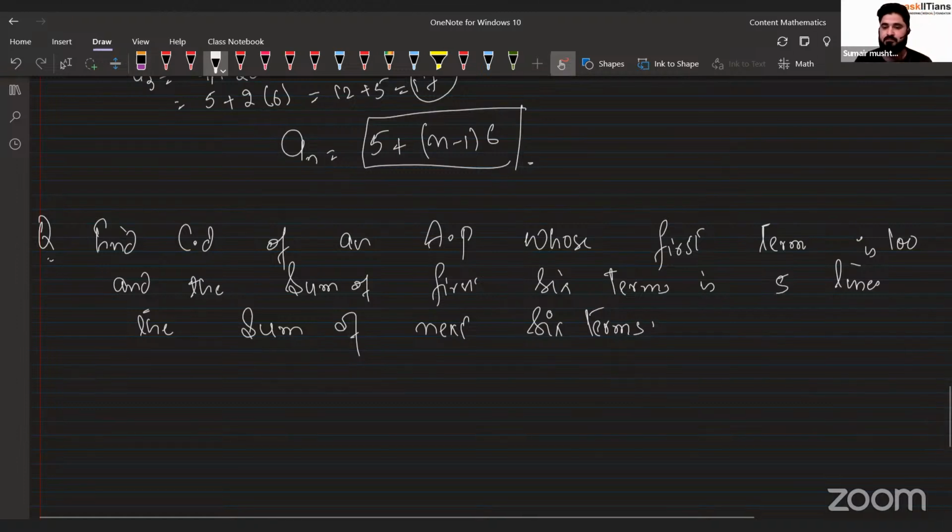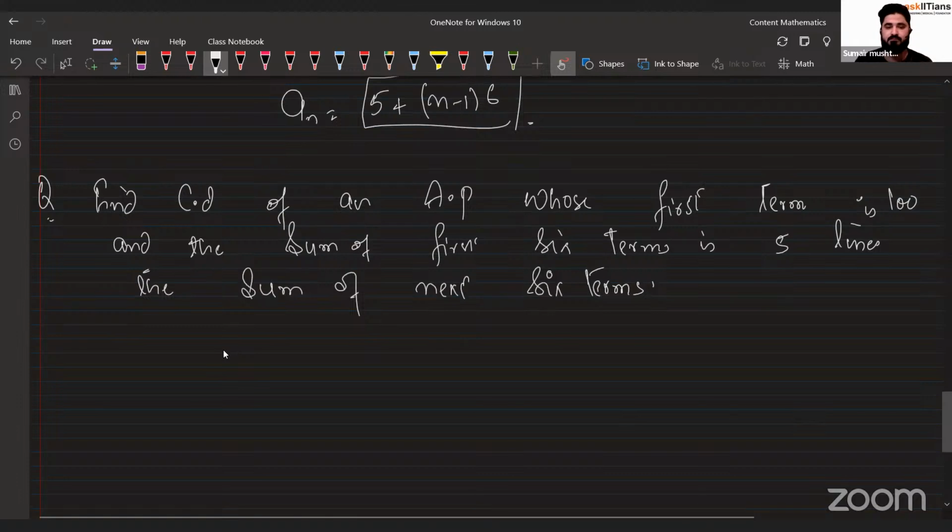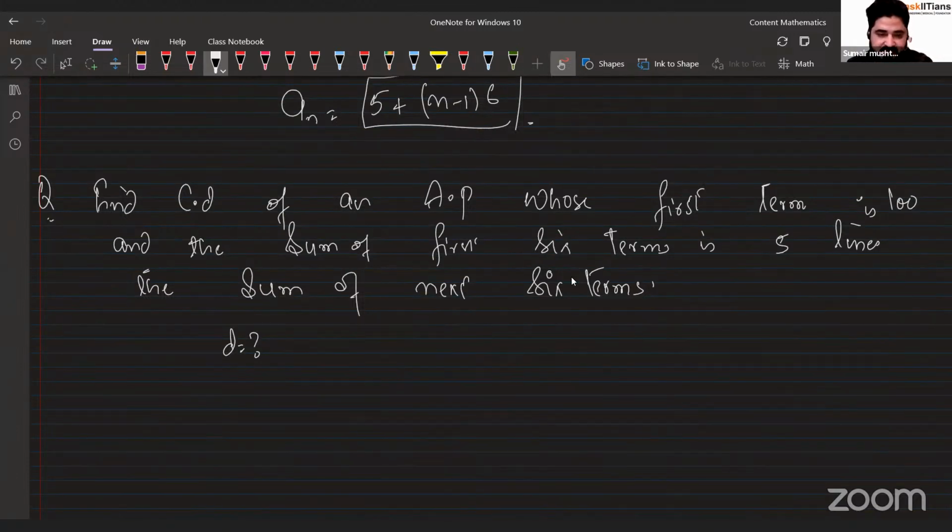What's given? You have to find D. First term is 100. So A1, or the first term, is 100.